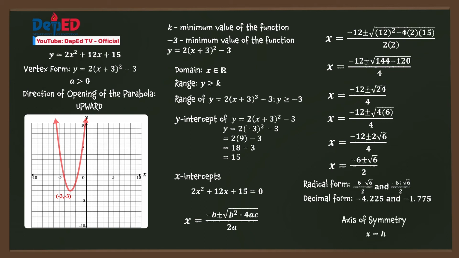Lastly, the axis of symmetry is also described by the equation x equals h, where h is the x-coordinate of the vertex. In the parabola, the axis of symmetry is the line x equals -3.